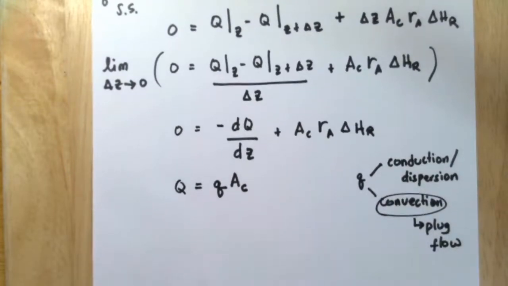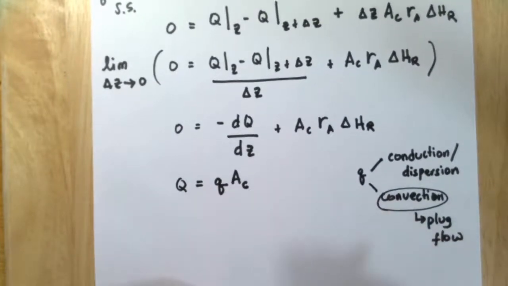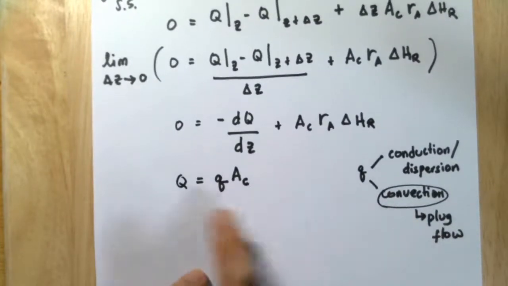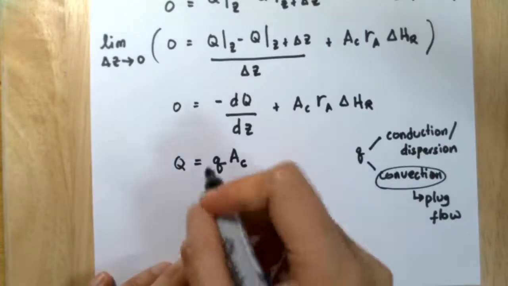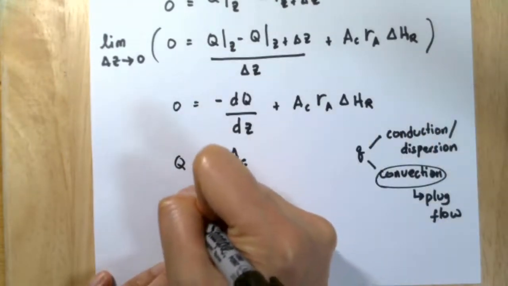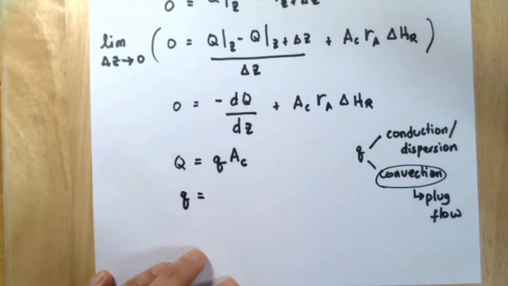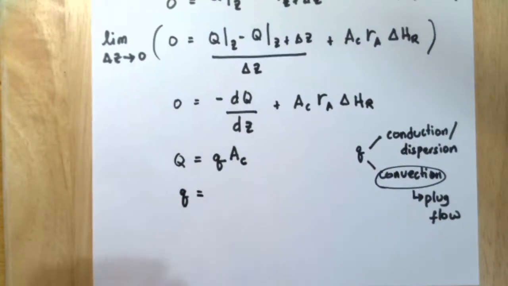Now we need to define small q, the heat flux for convection. So how do we do that? If you can remember, the heat flux is equal to the molar flux times Cp and temperature. So what is the molar flux?